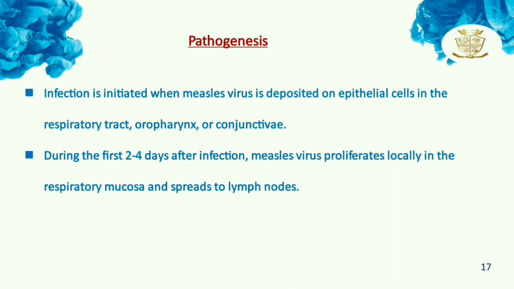In the pathogenesis of measles, the infection is initiated when the measles virus is deposited on epithelial cells in the respiratory tract, oropharynx or conjunctivae. During the first 2 to 4 days after infection, the measles virus proliferates locally in the respiratory mucosa and spreads to the lymph nodes.